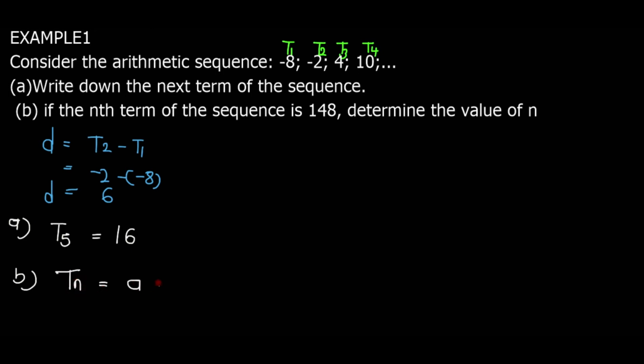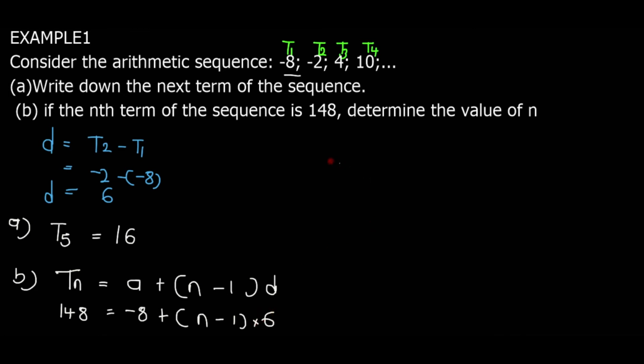Tn is equal to a plus n minus 1 times d. Barely our nth term is 148. And then our a is term number 1, which is -8. Remember we want to solve for n. D we have, which is 6.